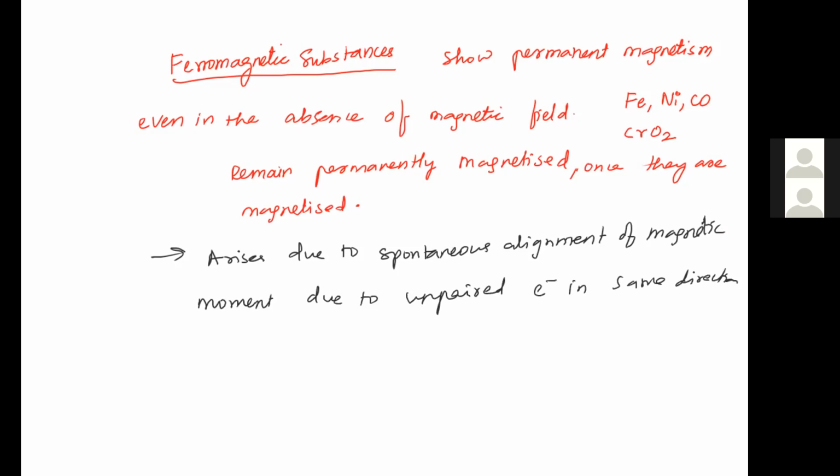So I'll show you. This is how ferromagnetism looks like. So this is about ferro. Once you're done, we'll write ferri, like antiferro and ferri.